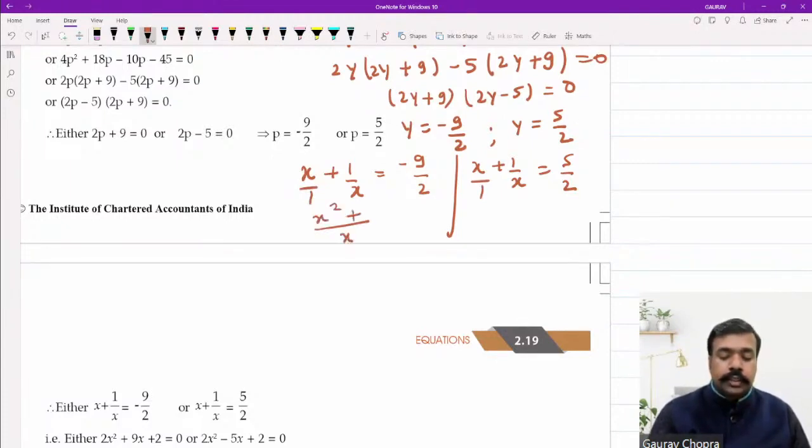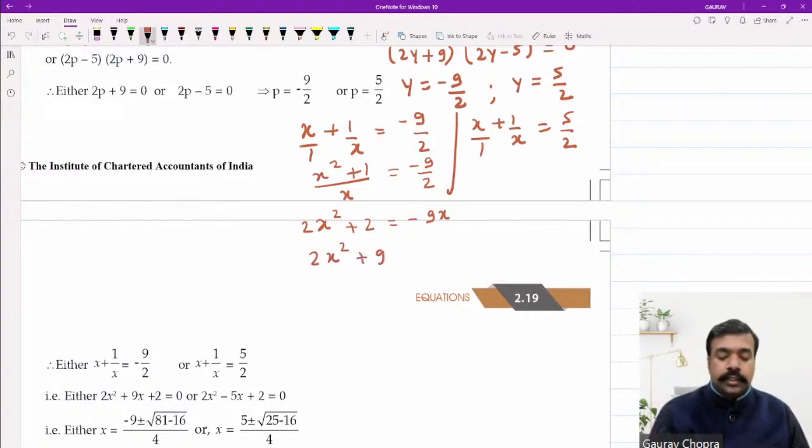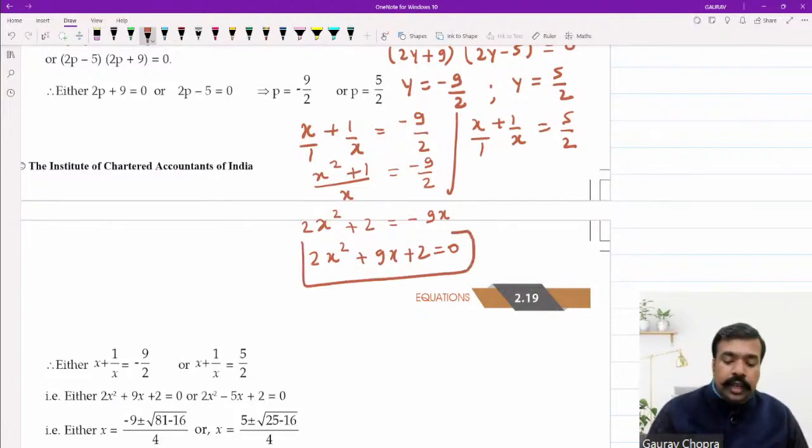It will become x square plus 1 upon x is equal to minus 9 upon 2. So 2x square plus 2 is equal to minus 9x. Hence, this is the equation. So this is the final equation which we are getting, and by solving this, we will get the value of x.